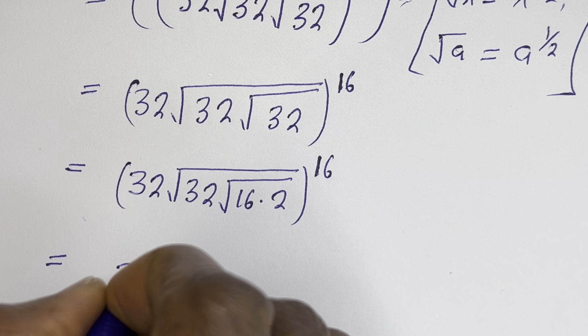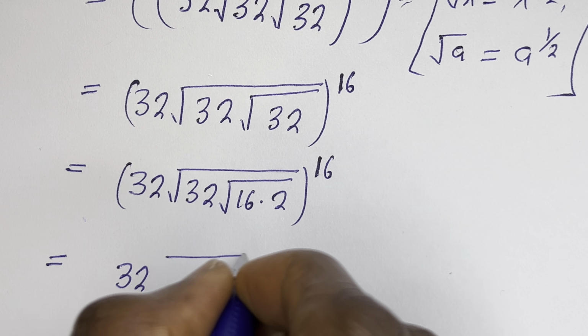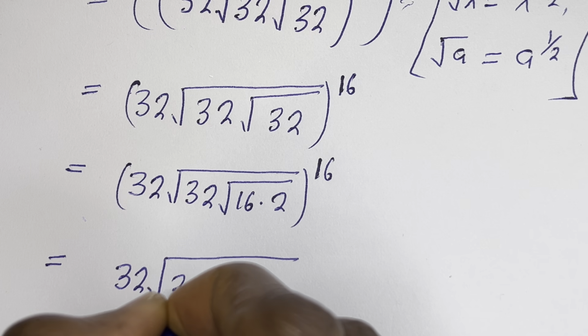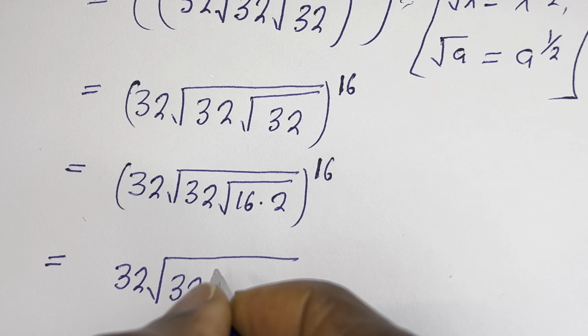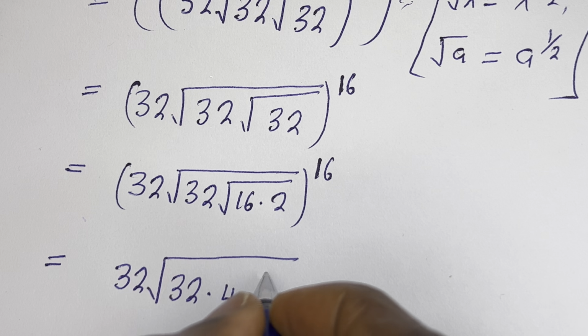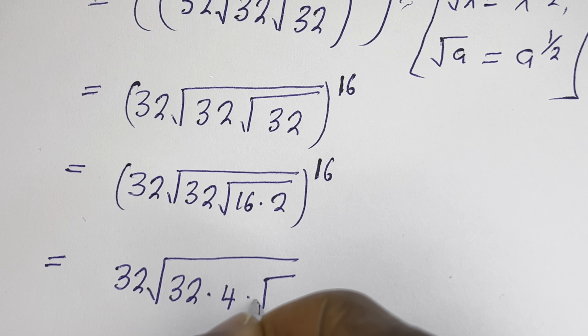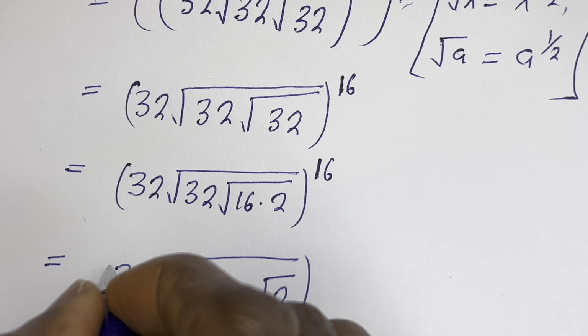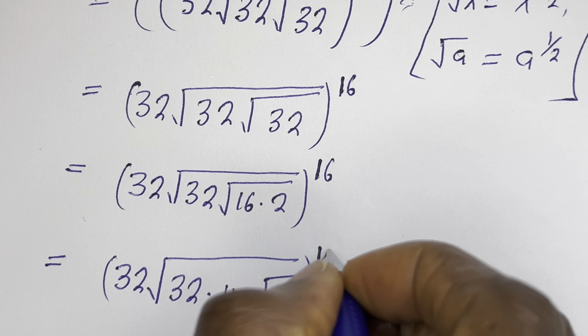Equal to 32 square root of 32 multiplied by, then this square root of 16, that is 4, then multiplied by square root of 2, all to the power of 16.